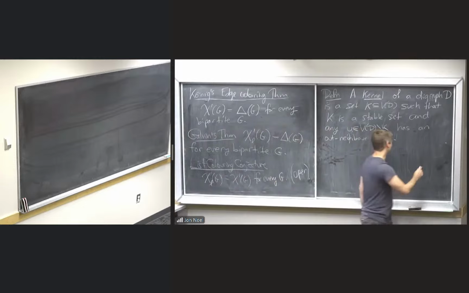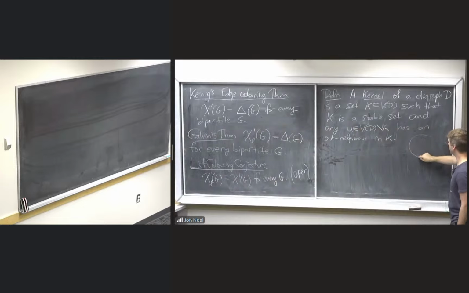The idea is, this is my digraph. If this is a kernel K, there are no arcs inside of K, but everything outside will send some arc coming into K. So everything outside should have an out neighbor in K, but there are no arcs inside of K, right?